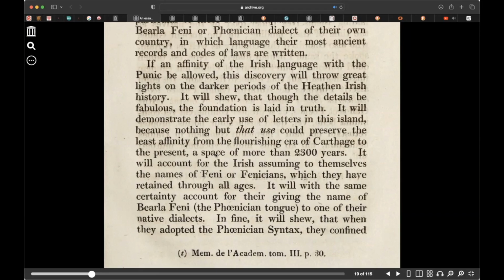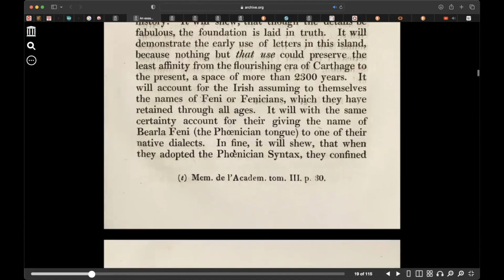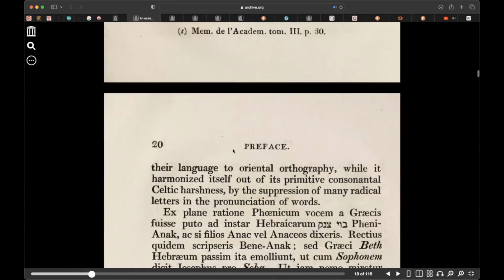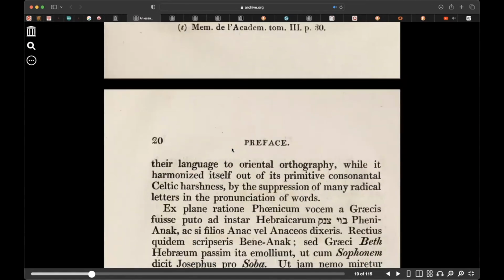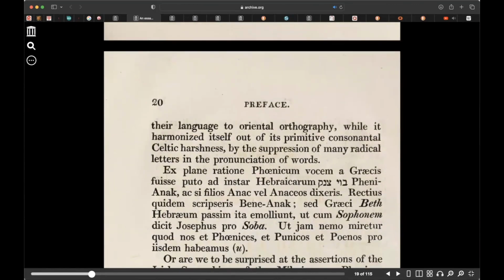It will, with the same certainty, account for their giving the name of Bearla Fini, the Phoenician tongue, to one of their native dialects. In fine, it will show that when they adopted the Phoenician syntax, they confined their language to Oriental orthography, while it harmonized itself out of its primitive consonantal Celtic harshness by the suppression of many radical letters in the pronunciation of words.